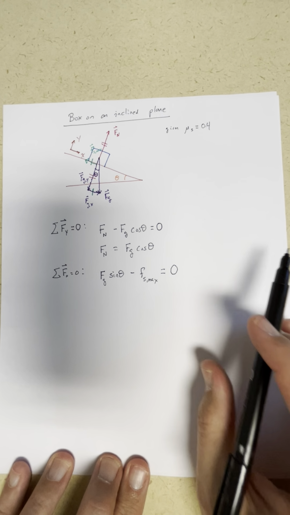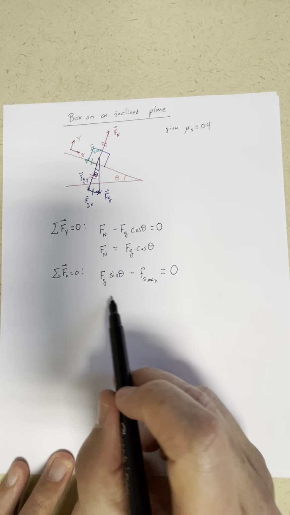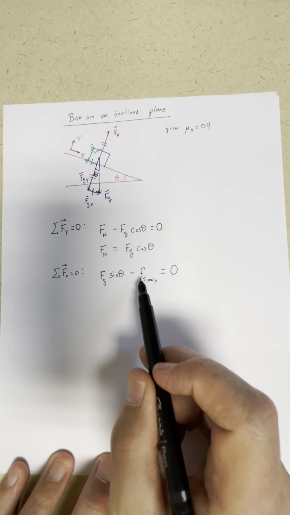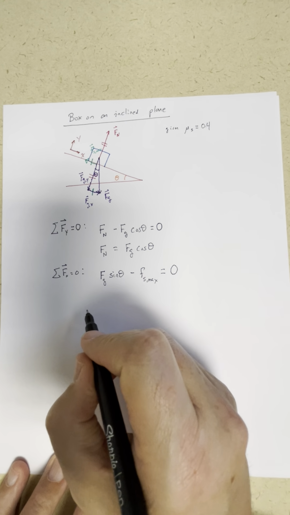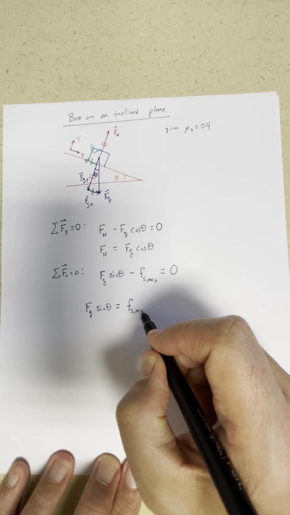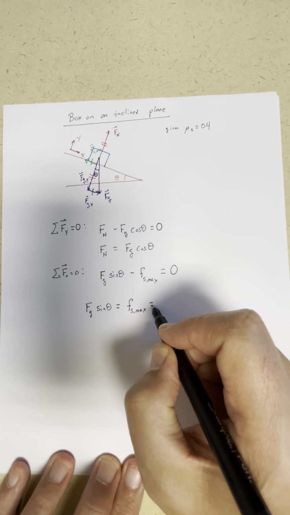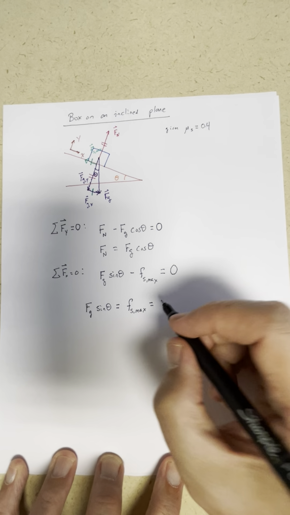So what can we say? I move the force of static friction max to the right hand side. We have F_g, the weight, times sine of theta is equal to the force of static friction, the maximum value it can take. And we know what that is, because we have an equation for it.